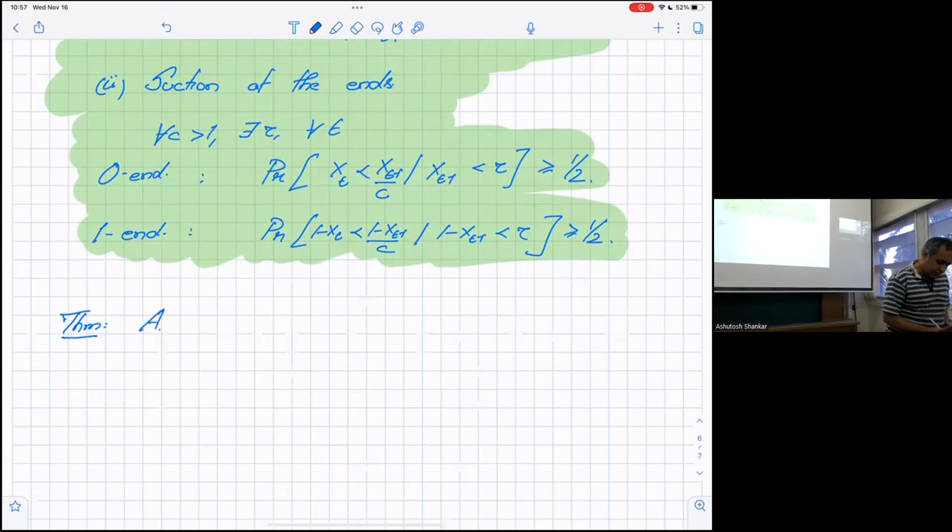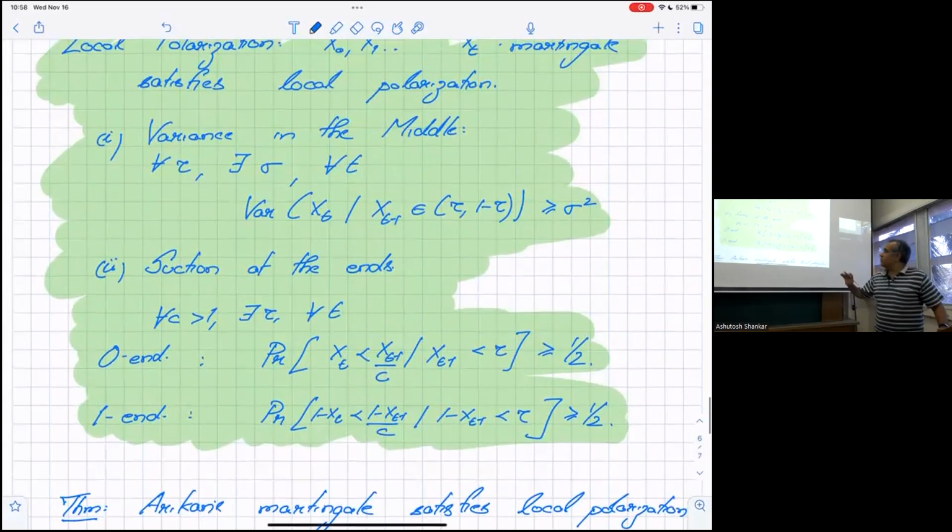One is that Arikan's martingale satisfies local polarization. The reason I'm calling this local is that the condition here is about what's happening from one step to the next step.